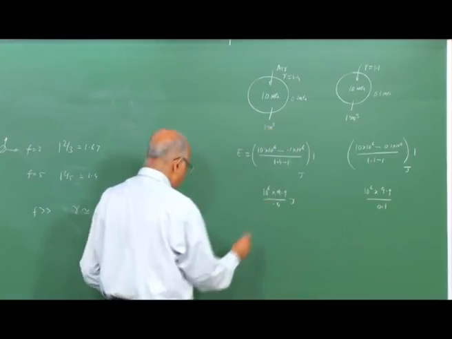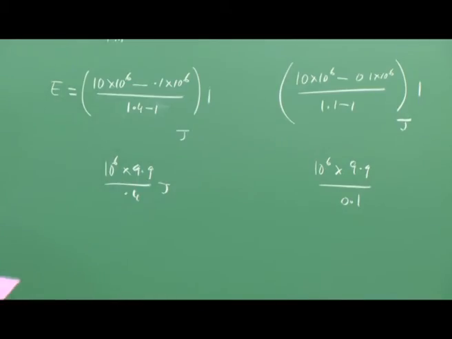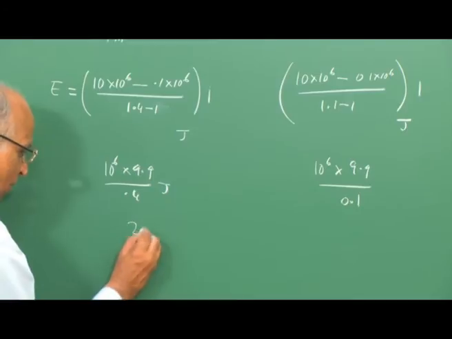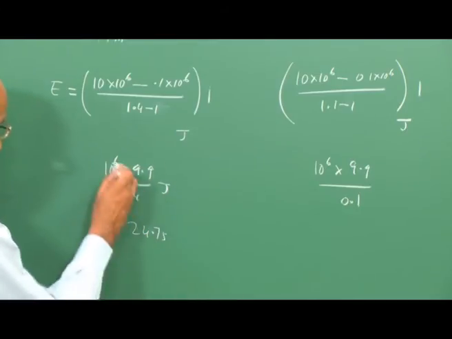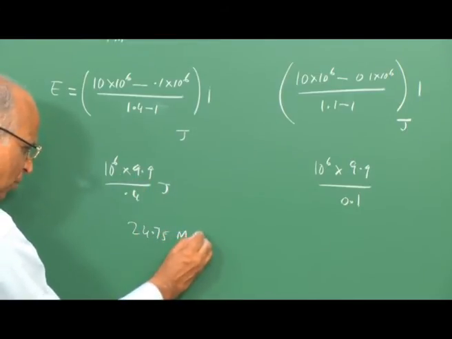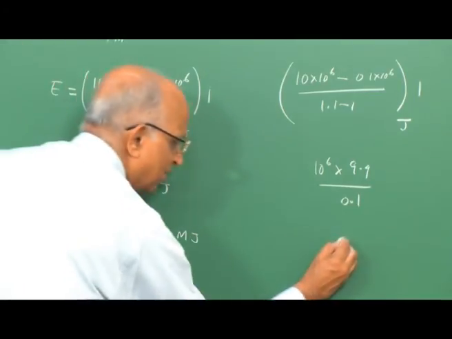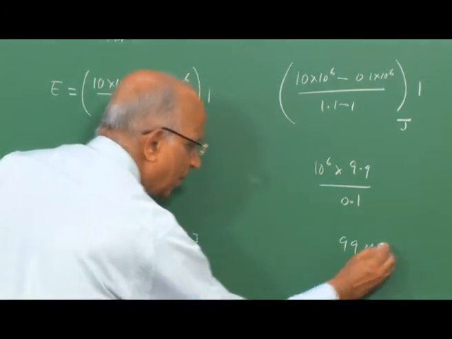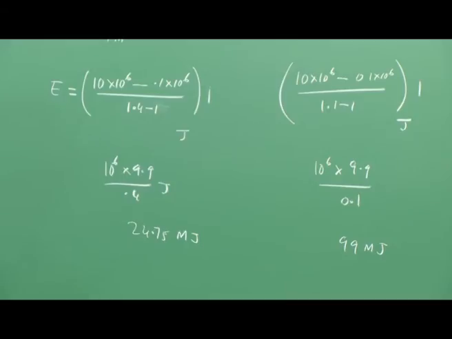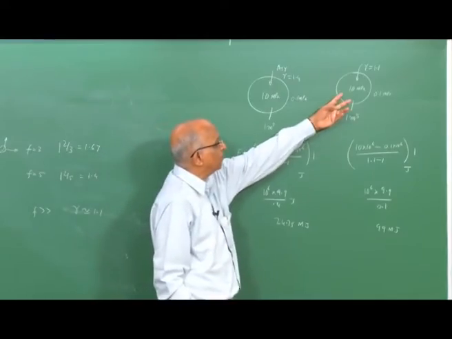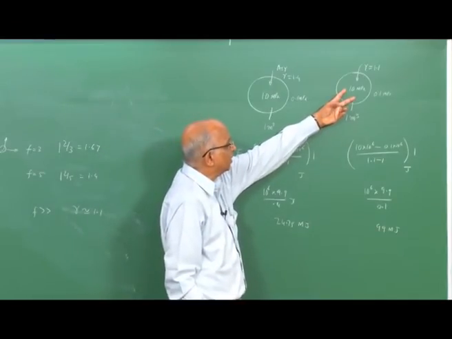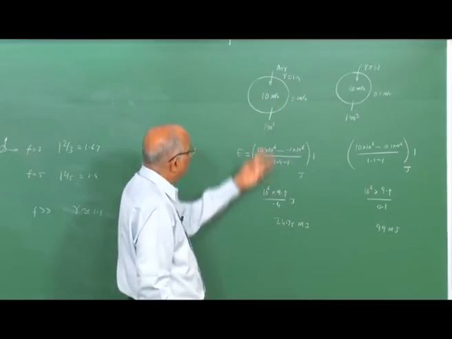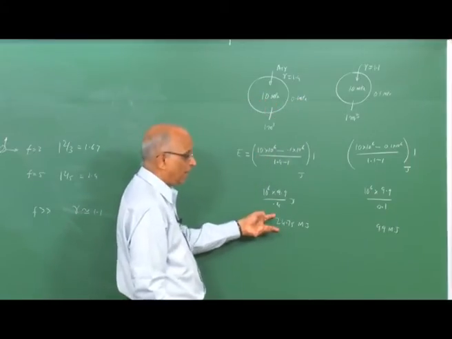If I solve for this, I get the energy release being something like 24.75 into 10 to the power 6. I can call it megajoules. In this case, it's 99 megajoules. And therefore, you find that the energy released when I have something like a complex gas is very much higher for the same conditions compared to air.